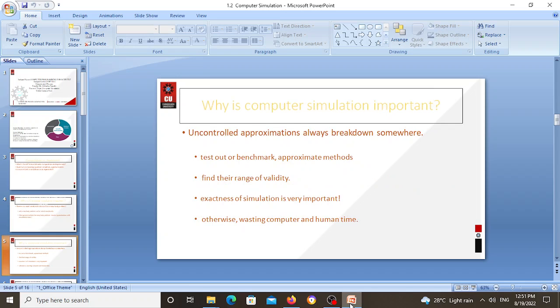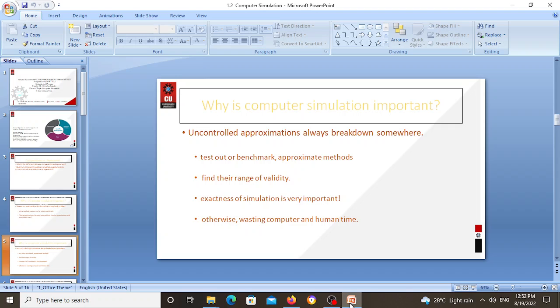Why is computer simulation important? Uncontrolled approximation always breaks down somewhere. The approximation algorithms that we use in numerical techniques to compute the solutions of many physics and chemistry problems come with a lot of issues, like the need to test or benchmark approximation methods and find their range of validity.